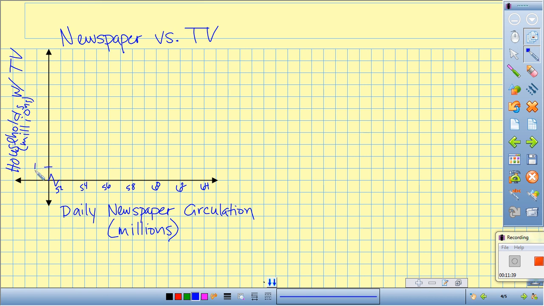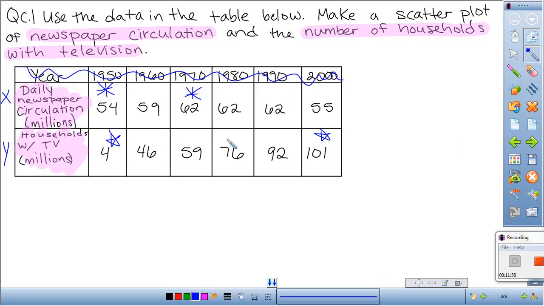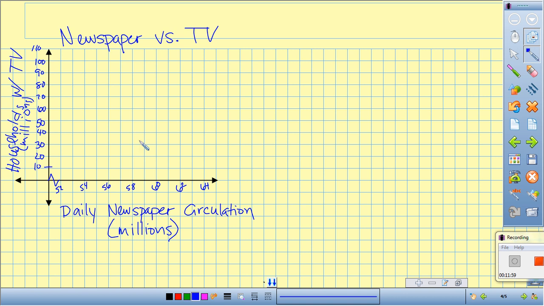So we have 10, 20, 30, 40, 50, 60, 70, 80, 90, 100, and we should have made it one bigger, 110.